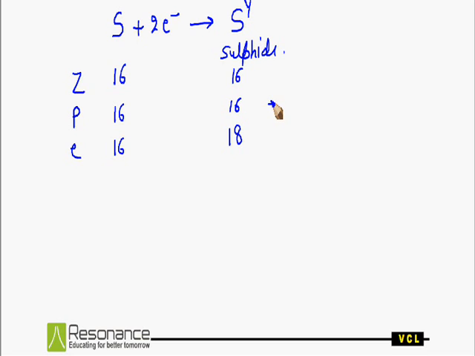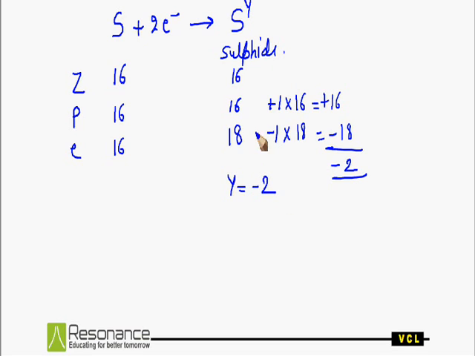Total charge on 16 protons will be plus 1 into 16, meaning plus 16, and total charge on 18 electrons will be minus 1 into 18, meaning minus 18, because the charge on an electron is minus 1 and charge on a proton is plus 1. So minus 2 will remain, so we can say that Y is equal to minus 2, meaning this will be written as 2 minus. This is the formula of sulfide ion.